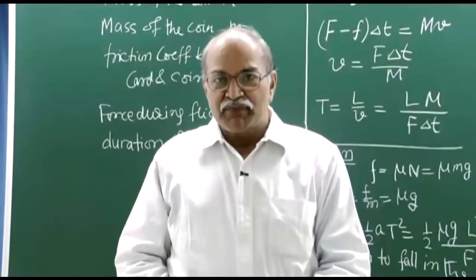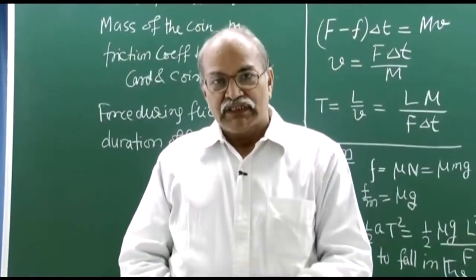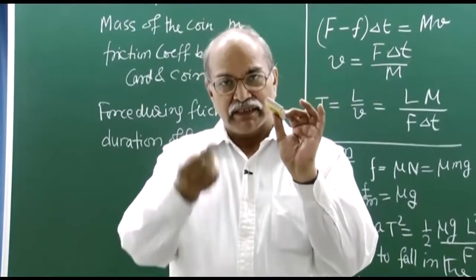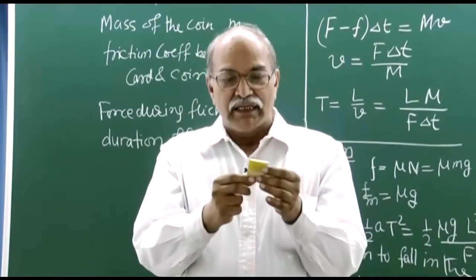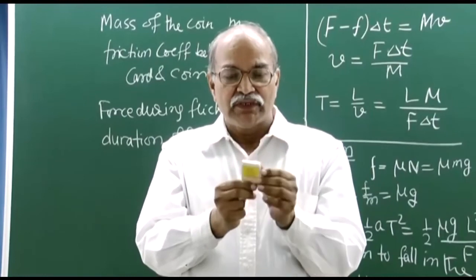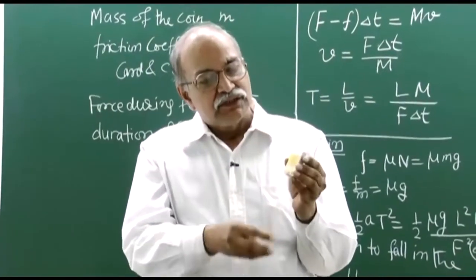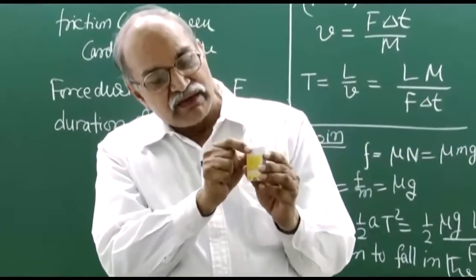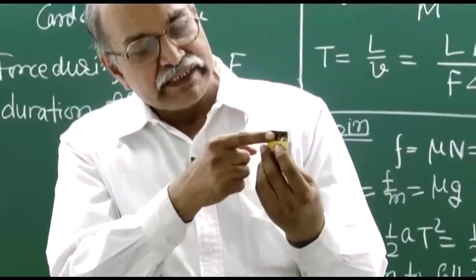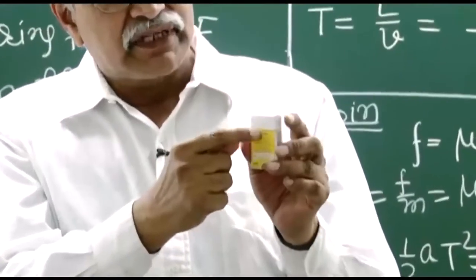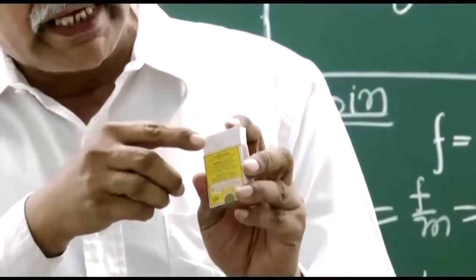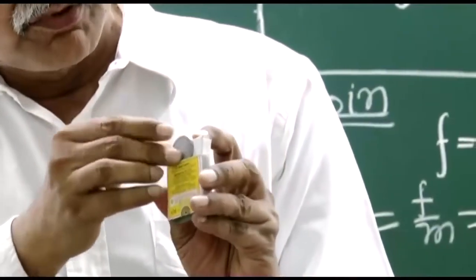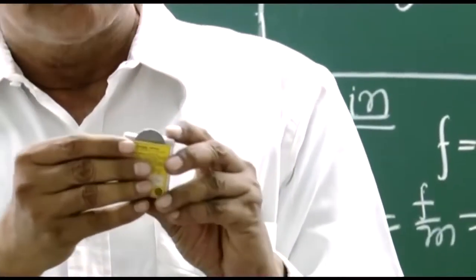Now, a similar experiment you can do with this matchbox and a coin. I will show you the experiment and you will do the explanation part. So, in this matchbox we have this drawer in which all these sticks are there and this cover. Between this drawer and this cover we can put this coin.